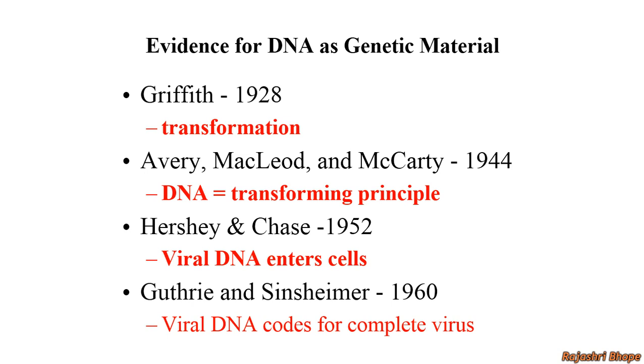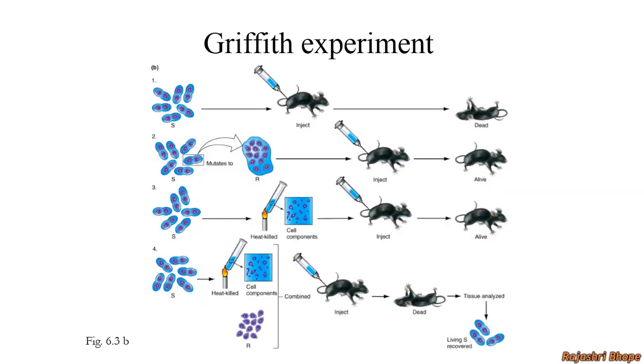And next one is Guthrie and Sinsheimer in 1960, who stated that viral DNA codes for the complete virus, that is, it codes for the proteins which help in assembly of the complete virus particle.